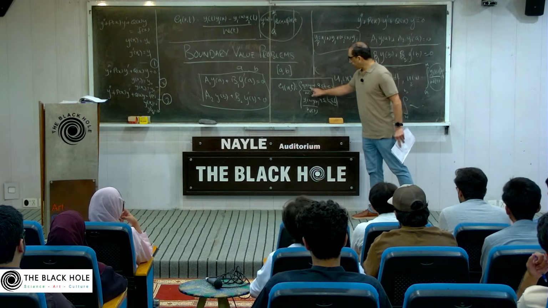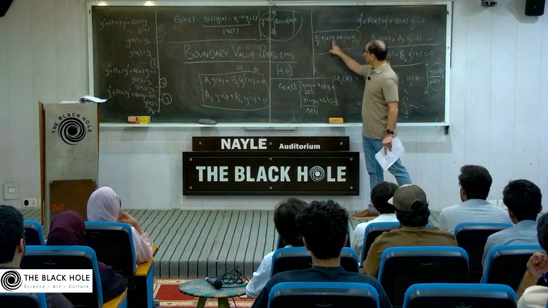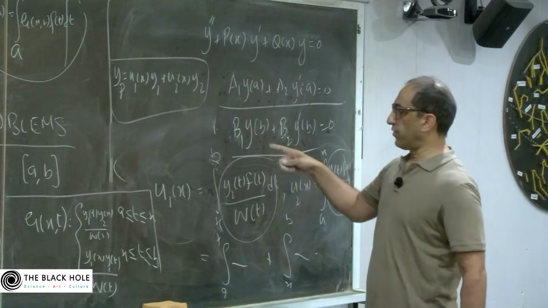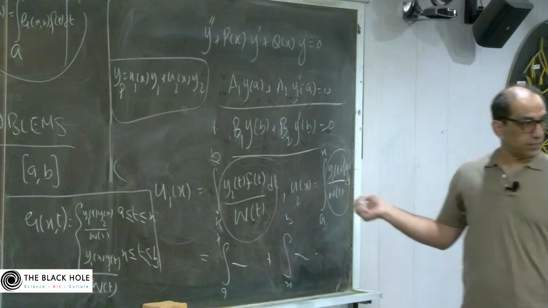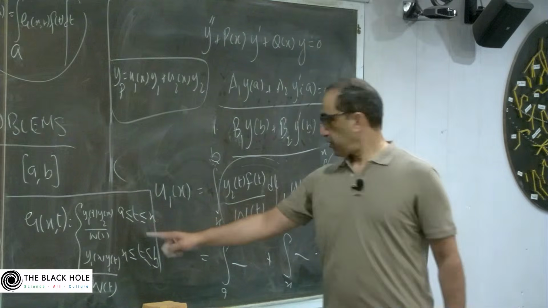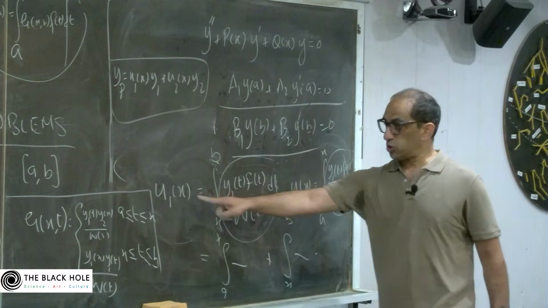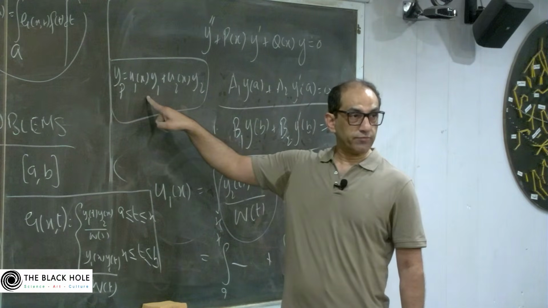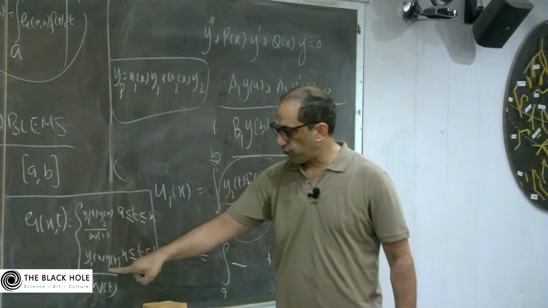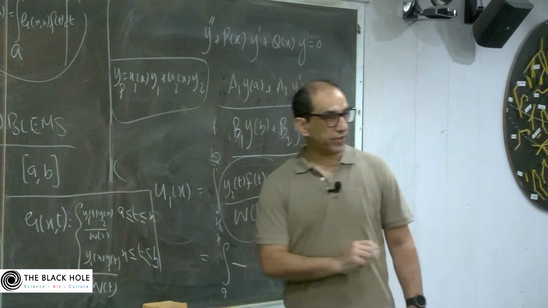And if you are wondering where this has come from, it is because these y1s and y2s do not depend on t, so they will go inside. Did you get it? I have written this, but this is just u1, so you have to multiply it with y1, which is why you will see a y2 of x here and a y1 of x here.